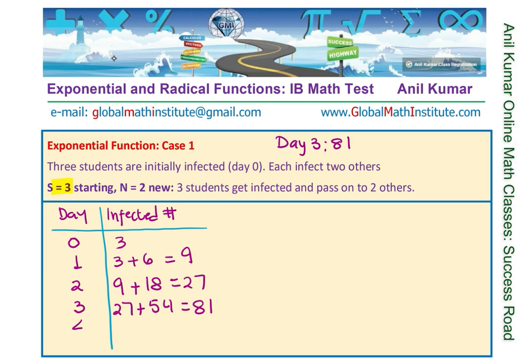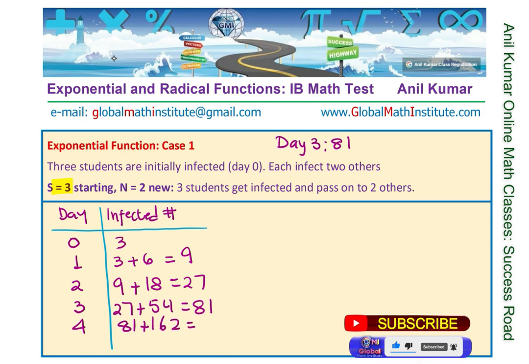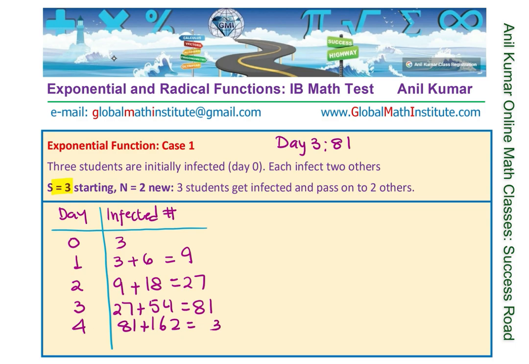We could actually continue this table to find others. So 81 plus 2 times 81, double, so 162. We could add this up and find our answer, which is 243.